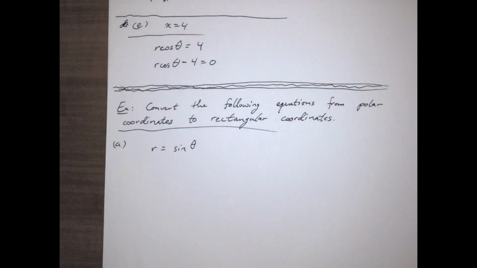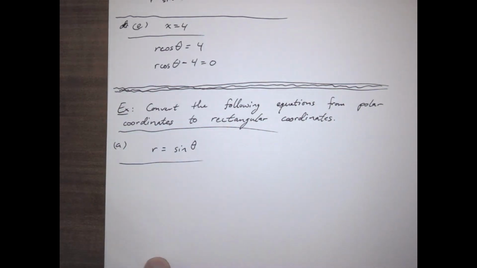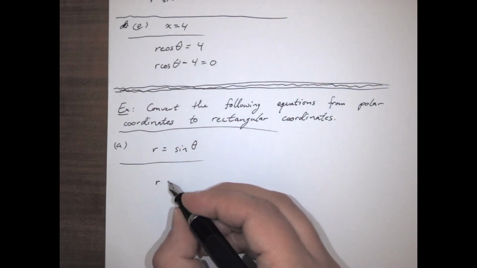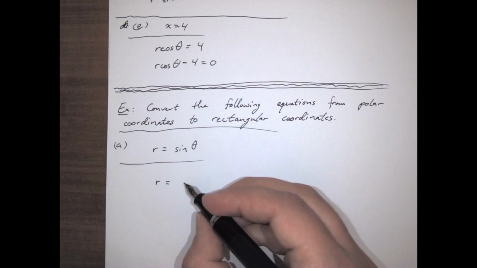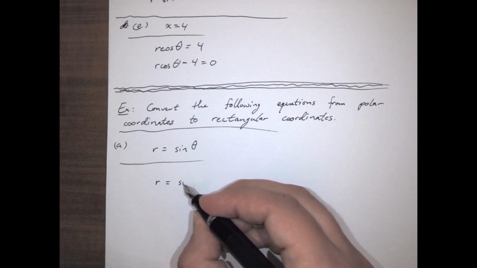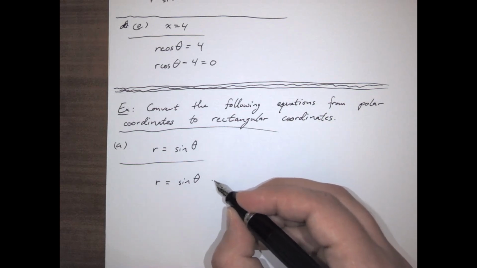In fact, we don't even have any formulas that involve just straight up sine theta that are purely rectangular. So the best thing we could do here is manipulate this by changing both sides into something that we're more comfortable with, and that would mean multiplying each side by r, because that makes the left side r squared, which we know what to do with, and that would make the right side equal to r sine theta, which we also know what to do with.